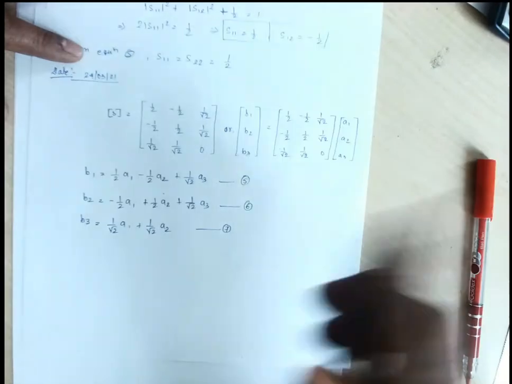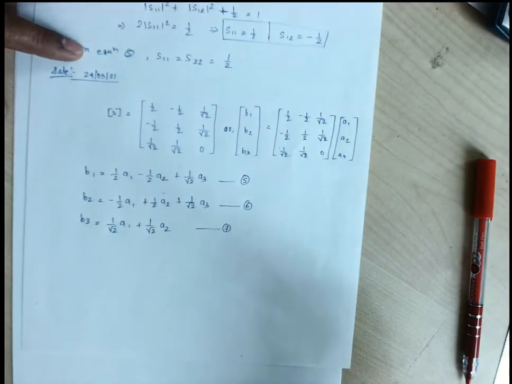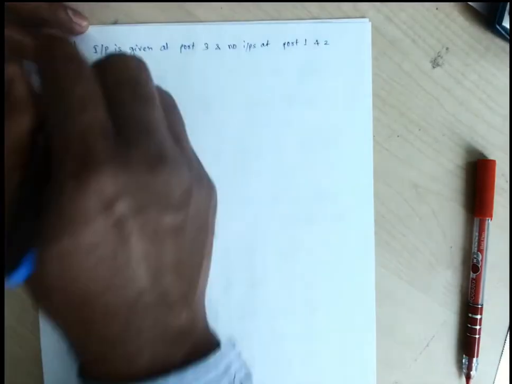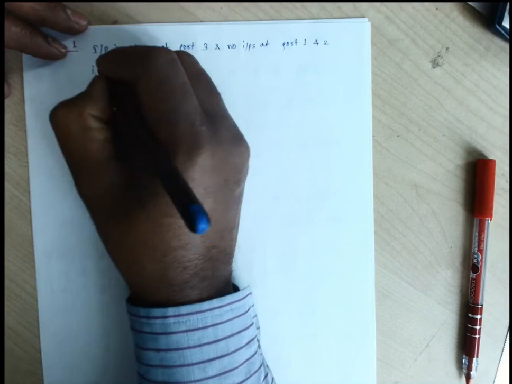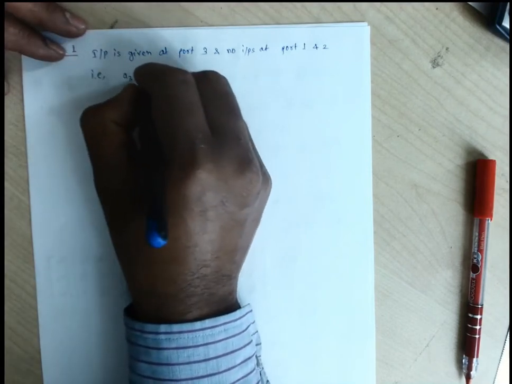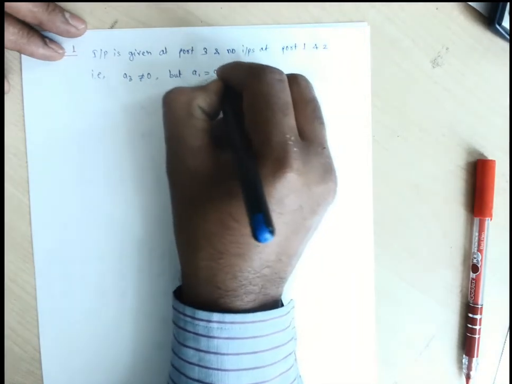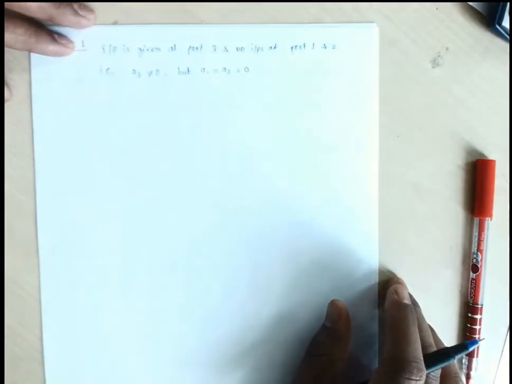So what does it mean? Input is given at port 3, that is A3 is present, and A1, A2 are 0. That is, A3 is not equal to 0, but A1 is equal to A2 is equal to 0.